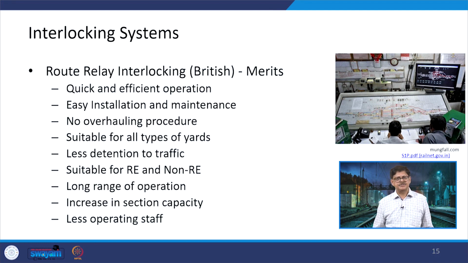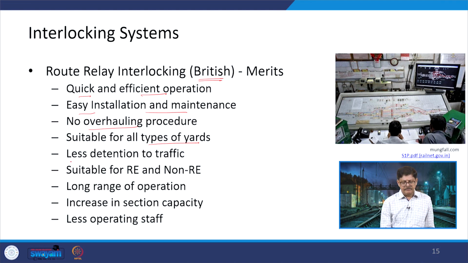So, what are the merits here? First of all, we are looking at a British system of route relay interlocking. It is a quick and efficient operation. It is easy in installation and maintenance. There are no overhauling procedures. It is suitable for all types of yards.